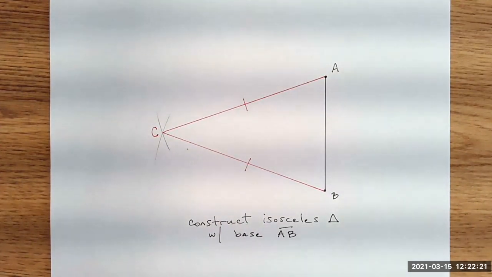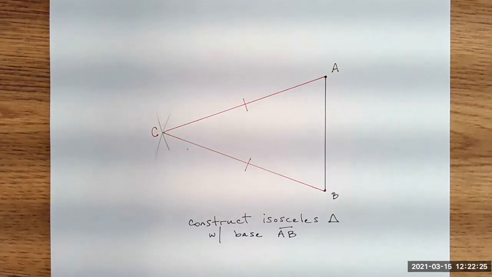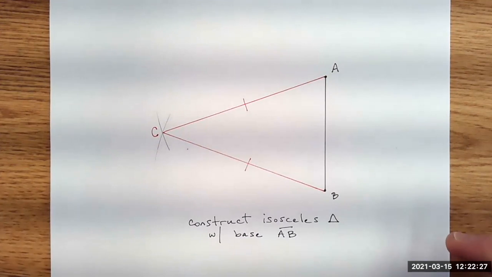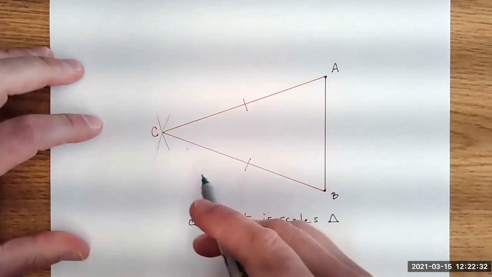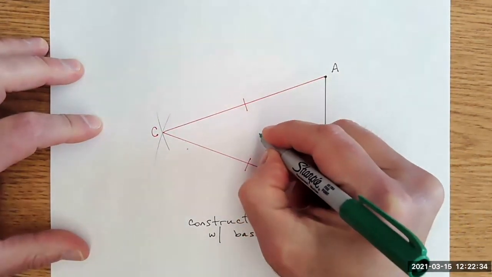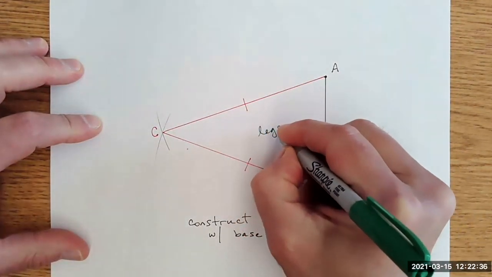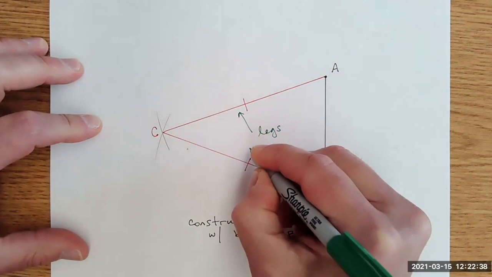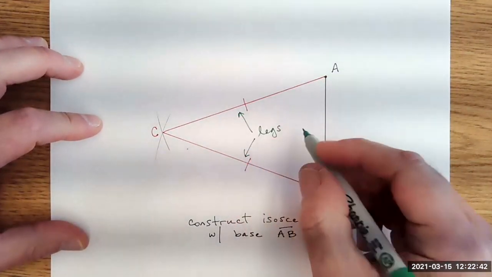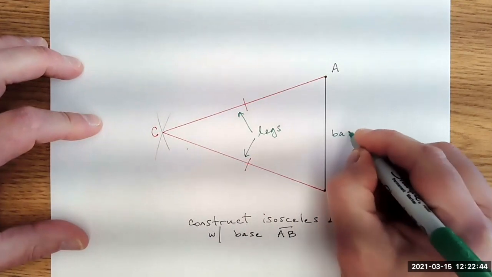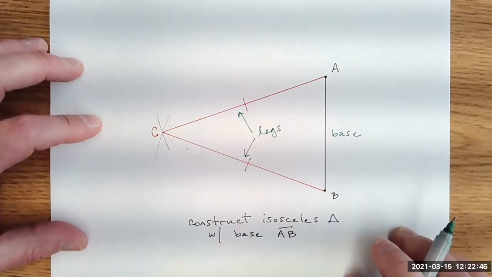Now, let's talk about the parts here. The base is AB. The sides AC and BC are known as legs. These are the legs of an isosceles triangle, and the third side is the base.